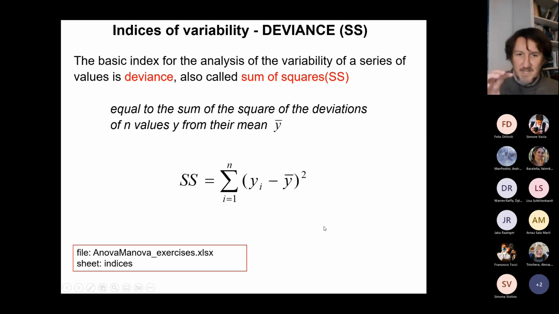The basic brick of the analysis of variance is the deviance, that is named sum of squares, equal to the sum of the squares of the deviations of n values y from their mean y mean. This is the basic brick to build this wall.